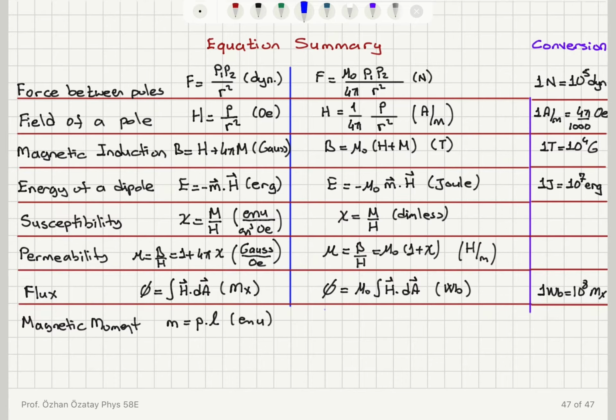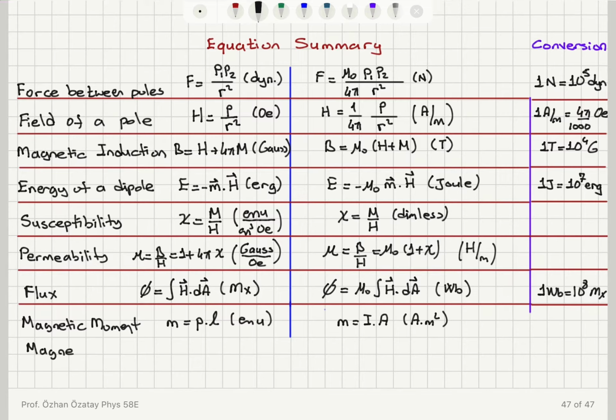The magnetic moment in SI is the current I a current loop carries times the area A for a closed loop, and it's measured in ampere meter square.